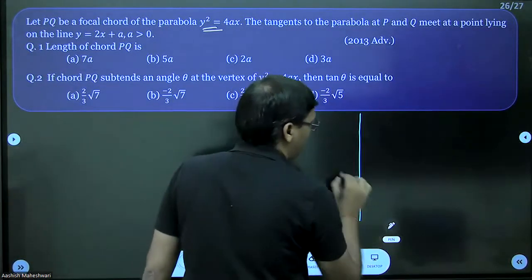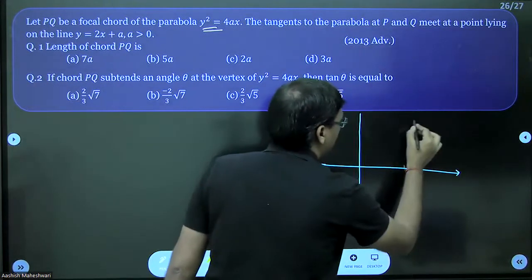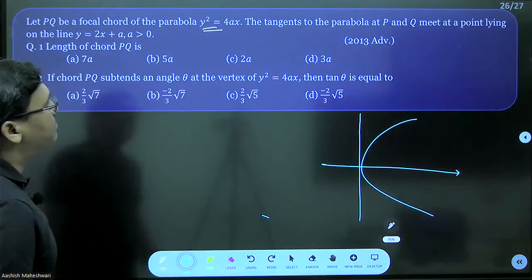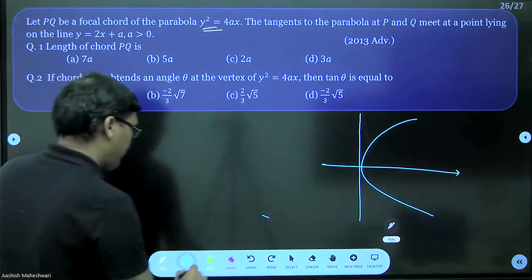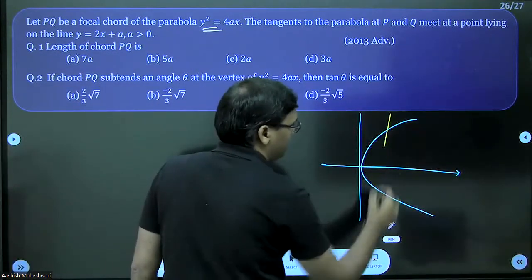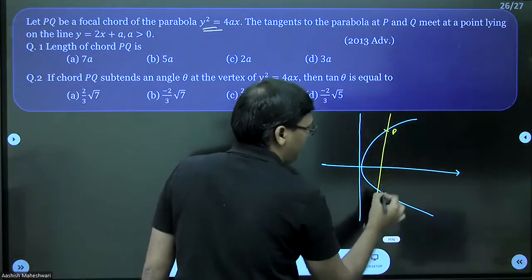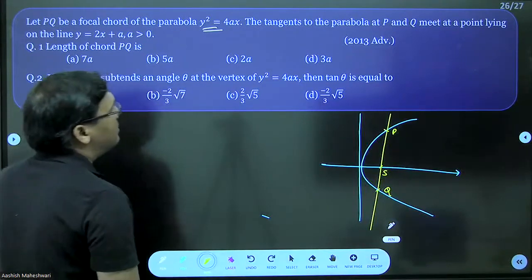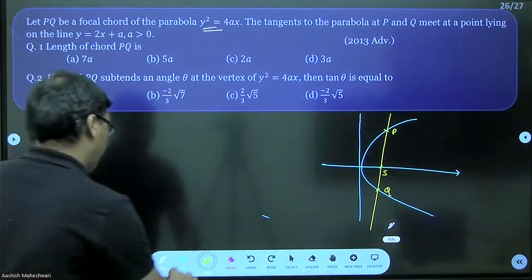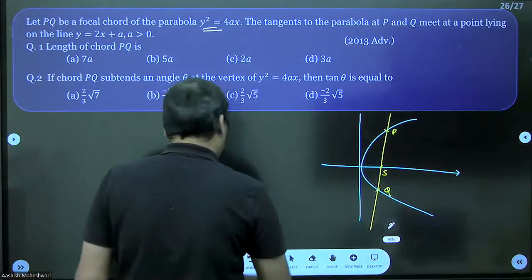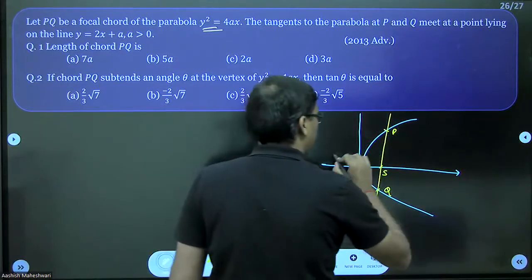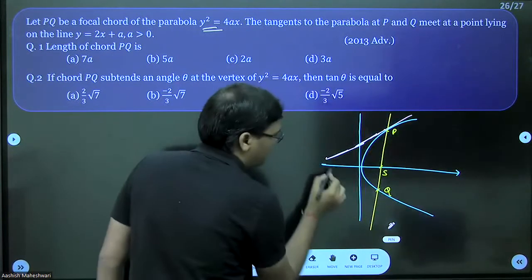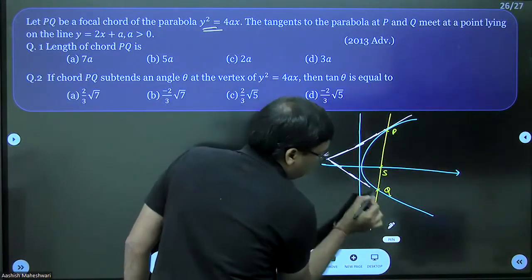Okay, so now see, let's draw the diagram first. This is the parabola y square equal to 4x. Okay, and PQ is a focal chord, so let's draw the focal chord. This is PQ, the focal chord passing through the focus. Now the tangents at P and Q. Let's draw the tangent at P and Q. This is one tangent, another tangent.